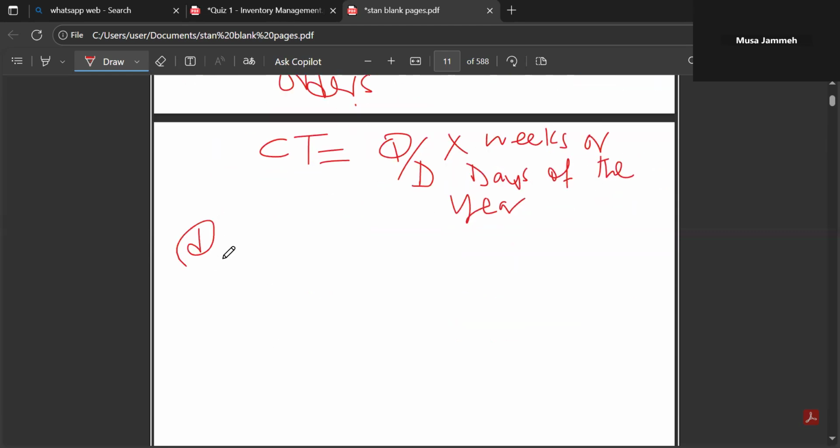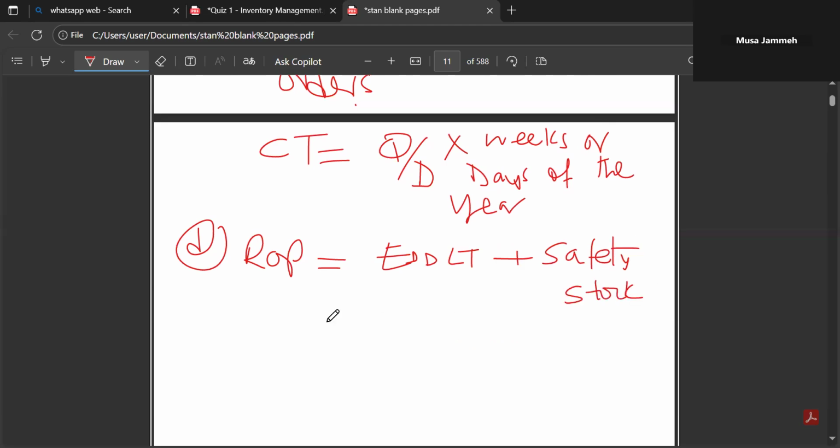Then the reorder point is equal to expected demand during lead time plus safety stock. Expected demand during lead time is daily demand multiplied by lead time.